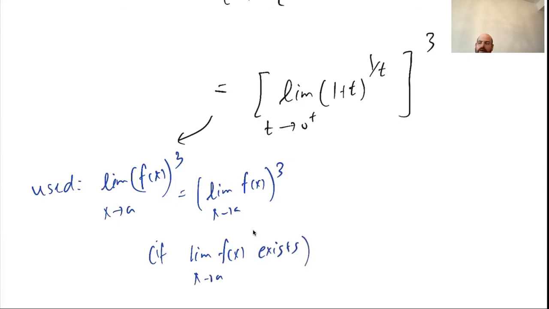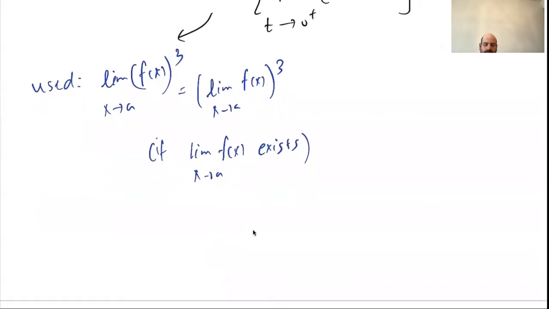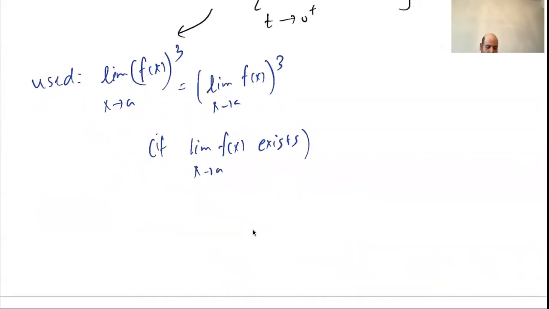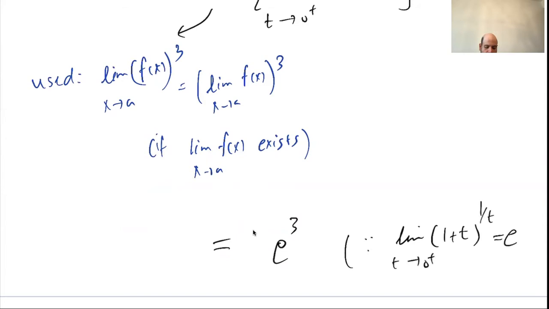So this is a property of limits. And finally, this limit is e, so we can replace it with e. Therefore, the answer will be e to the power 3, because the limit of (1 plus t) to the power 1 over t, as t goes to 0 plus, is e.